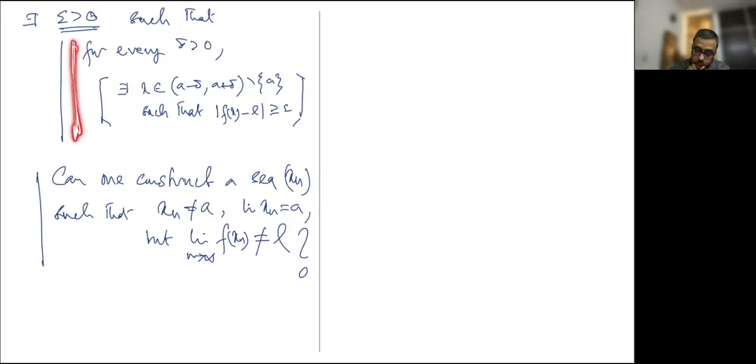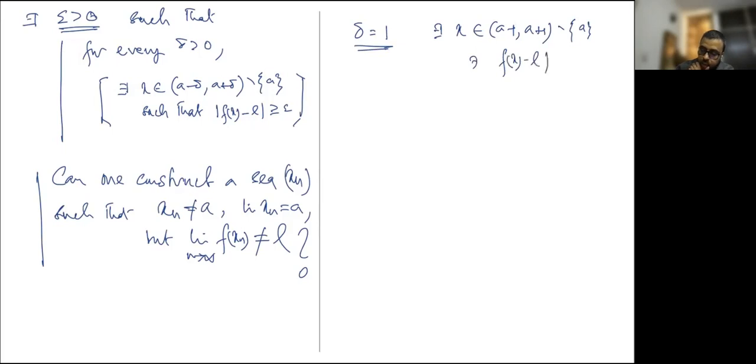So focus on this part. For every delta, this is true, right? So let's take delta equal to 1. So there exists an x between A minus 1 and A plus 1, x not equal to A, such that |f(x) minus L| is greater than or equal to epsilon. Epsilon is something fixed. There exists an epsilon, right? So that epsilon is for now fixed.